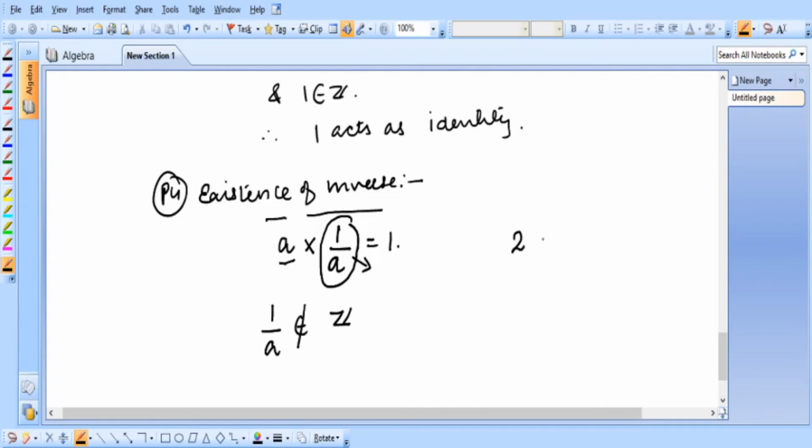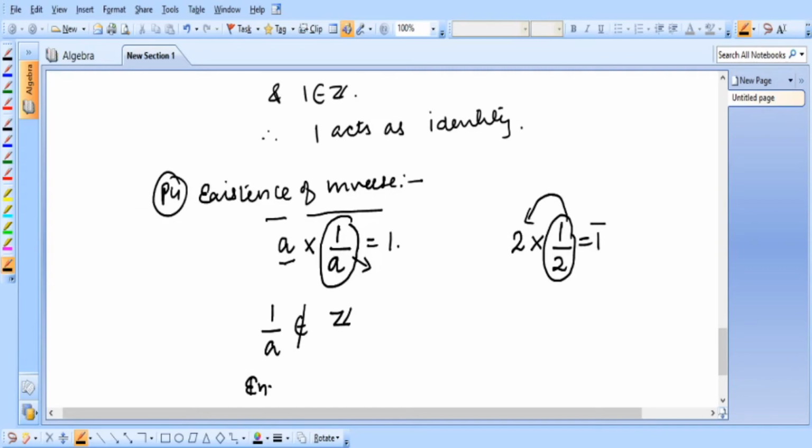So there is no inverse of 2 in this case. There is no integer which, when multiplied to this, yields 1. Yes, we do have the rational number 1 by 2, which, when multiplied with 2, yields 1. But this is not an integer. Therefore, inverse does not exist, right?